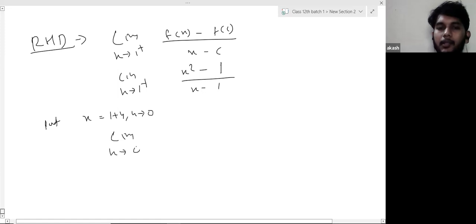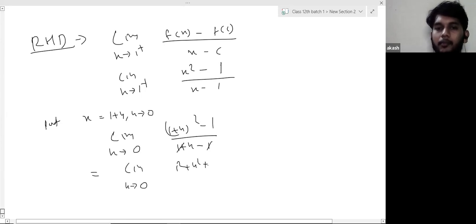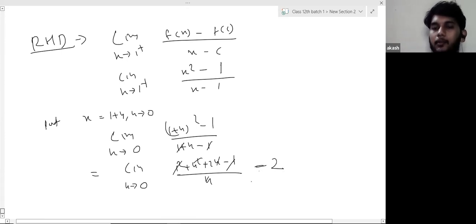So limit h tending to 0, (1 plus h) whole square minus 1 upon 1 plus h minus 1. This is cancelled. This is limit h tending to 0, 1 square plus h square plus 2h minus 1 upon h. This is cancelled. Again, taking h common, we can cancel this, put h equals 0. So again, 2. So we can say LHD equals RHD, which is equal to 2. So the function is differentiable.